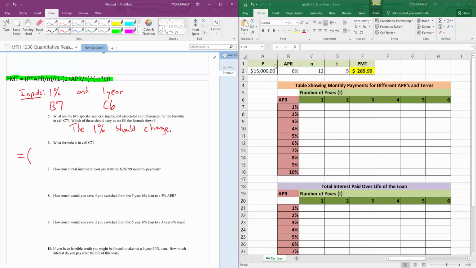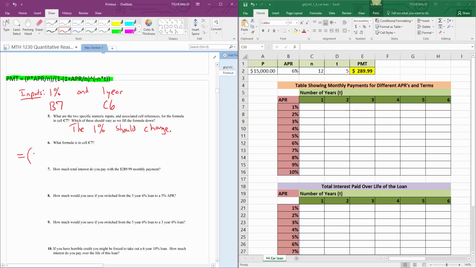So again, cell referencing is key for using Excel, the power of Excel. Or maybe you're making this for your job, and the principal is going to change by your client and so forth. Being able to cell reference makes your life a whole lot easier. So instead of typing in the principal number 15,000, I would reference the cell I'm going to use to input that, which is cell A2.